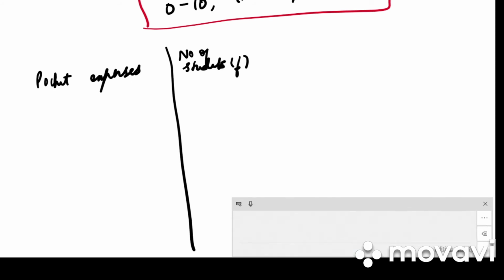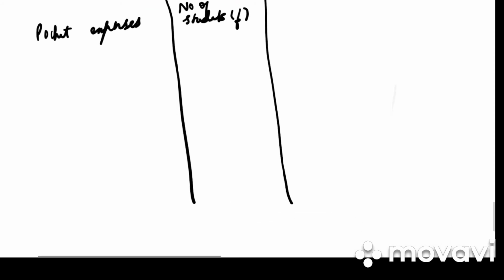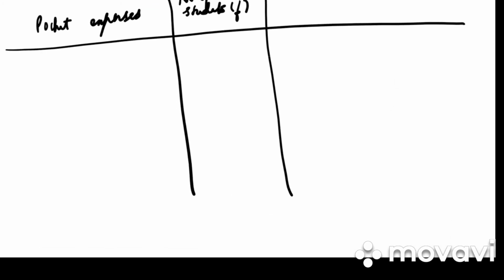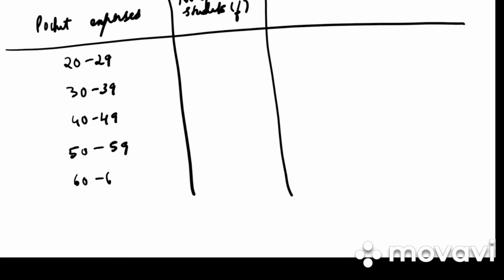How do we work out the problem? 20 to 29, 30 to 39, 40 to 49, 50 to 59, 60 to 69. They have given us frequency 10, 8, 6, 4 and 2.